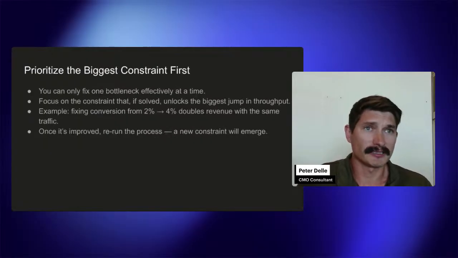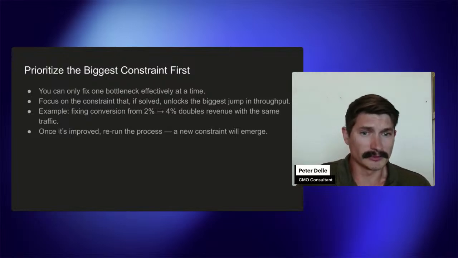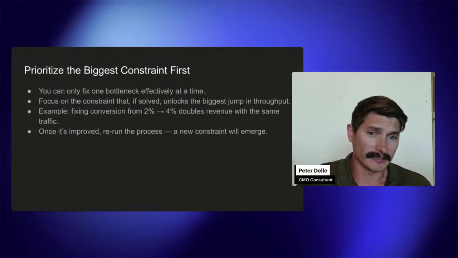Okay. Always pick off the biggest issue first. Always prioritize the biggest issue first. You can only effectively solve one problem at a time. And so choose the number one thing holding you back. Focus on that, get it solved.